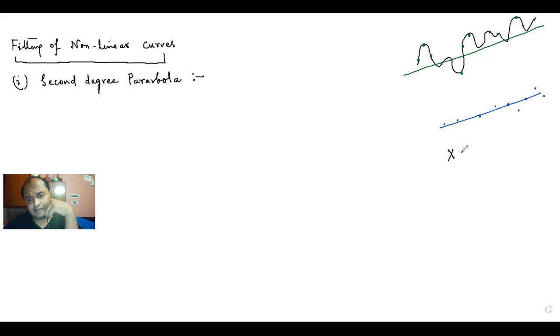So let me define a data by myself according to my wish. My actual objective is to make you understand what is happening, how to fit the data. So we'll work with a smaller quantity of data.